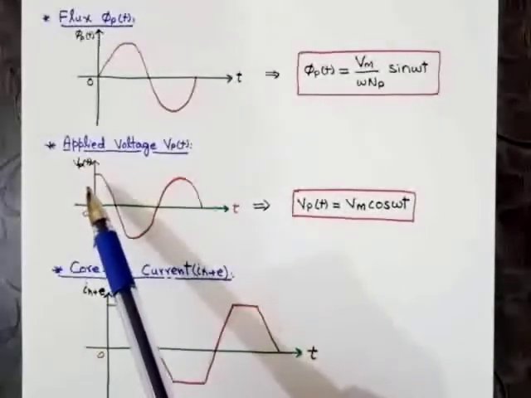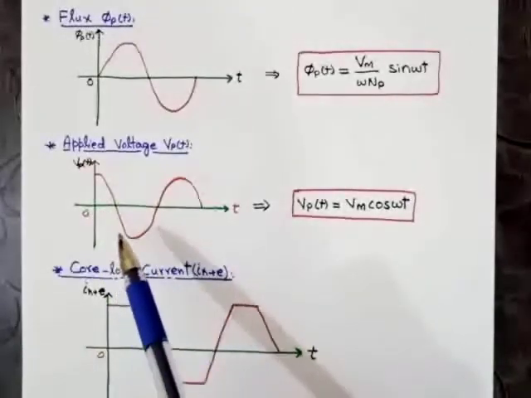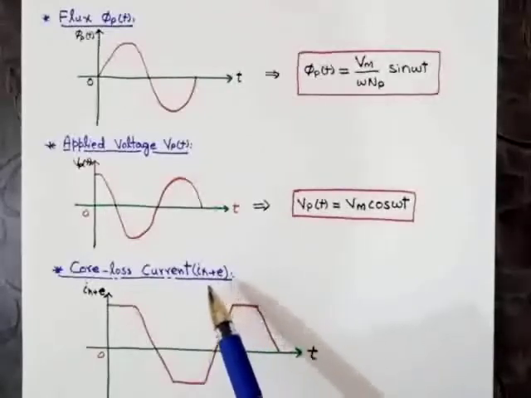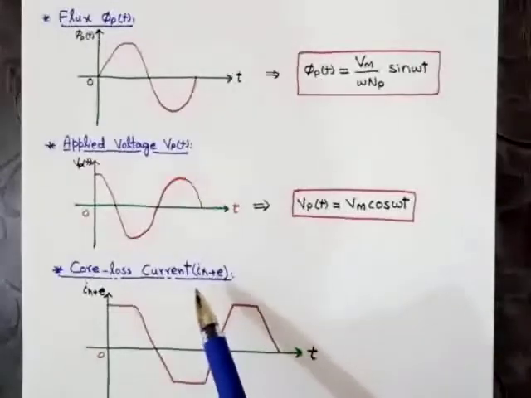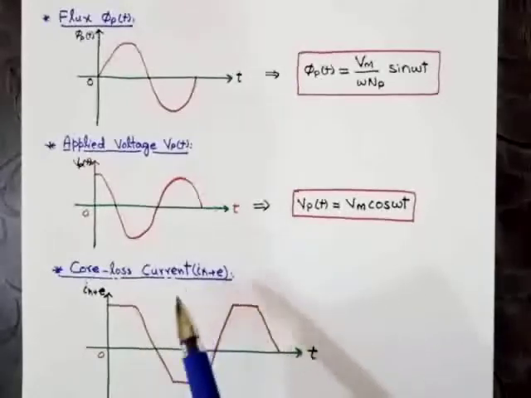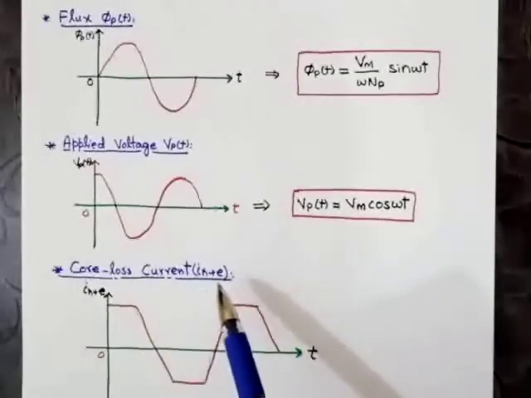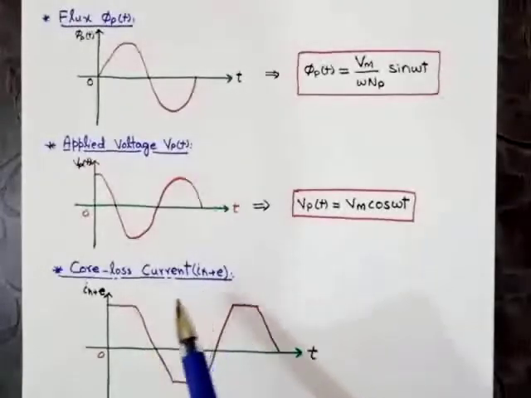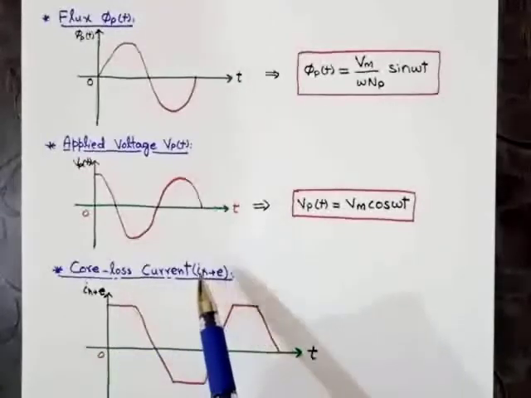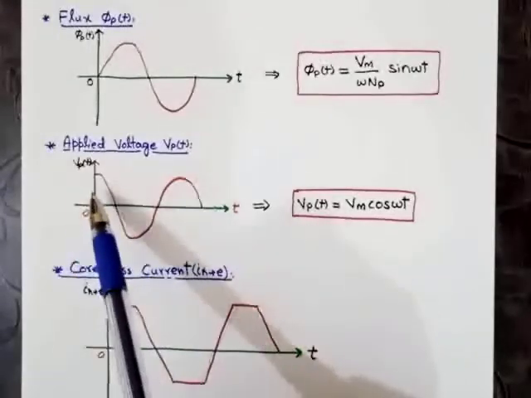Hysteresis losses are more as compared to eddy current losses. The eddy current losses are less as compared to hysteresis losses. So that's why the effect of hysteresis losses will be more as compared to eddy current losses. Therefore, the waveform of the core loss current will start from the maximum point, because hysteresis losses are directly proportional to the applied voltage.